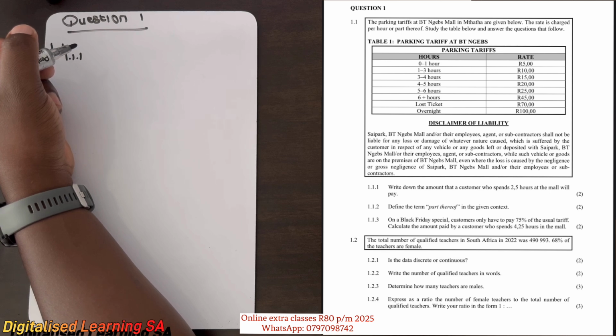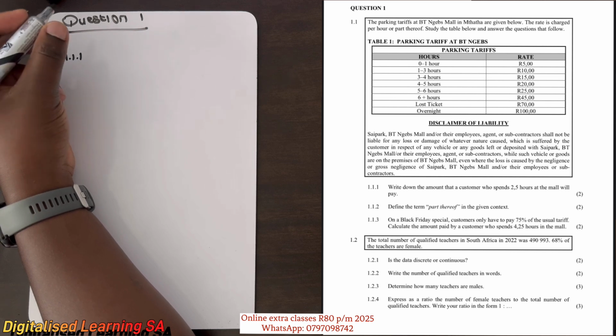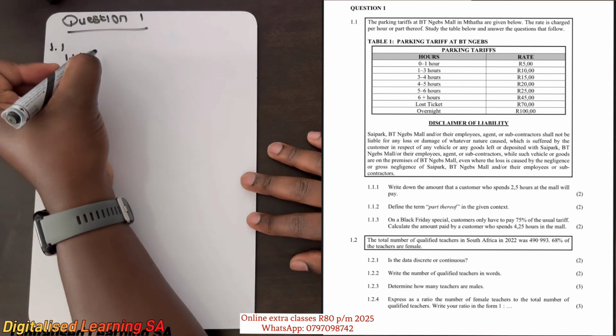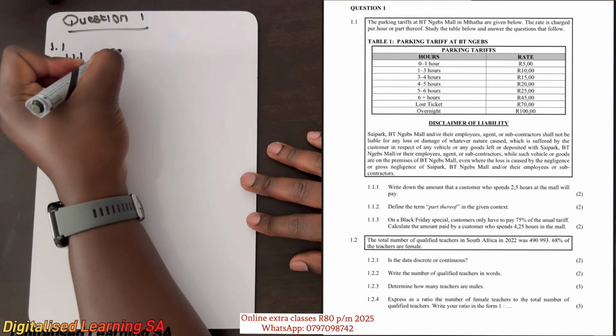So let's go ahead and start with 1.1. Question 1.1.1 says: write down the amount that a customer who spends 2.5 hours at the mall will pay.